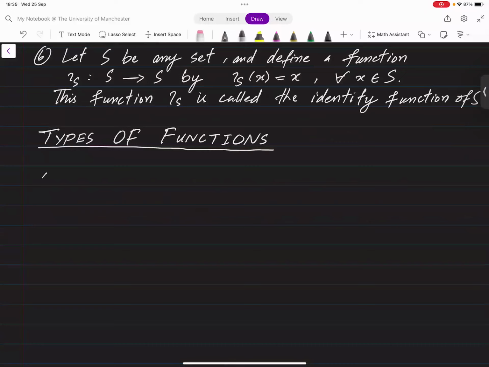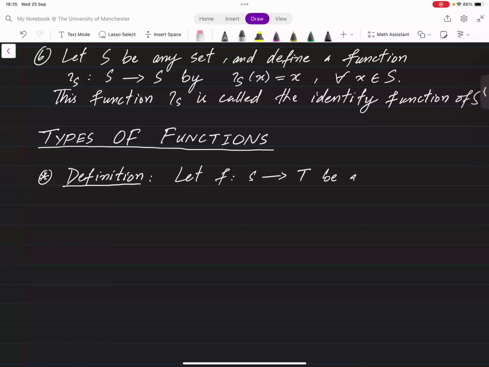Definition. Let f be a function from S to T. 1.